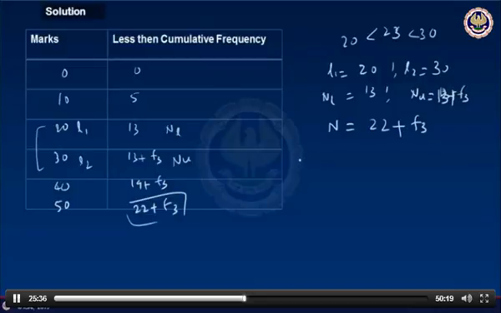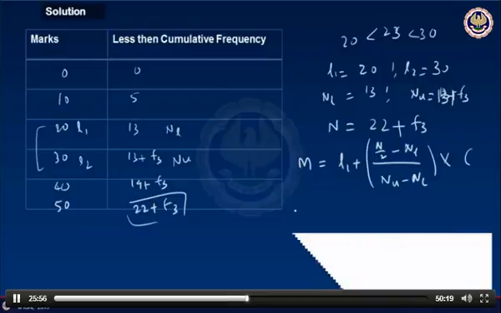Now we apply the formula M equals L1 plus (N by 2 minus NL) by (NU minus NL) into the length of the class interval.